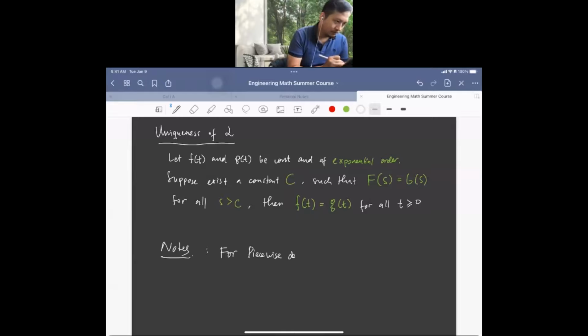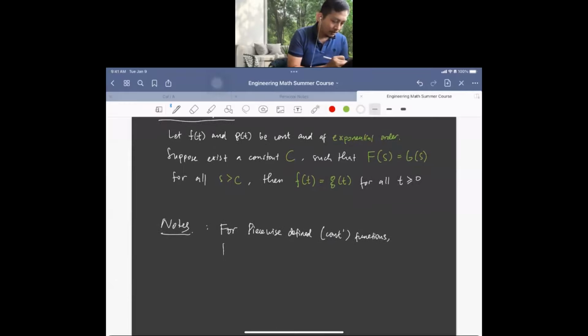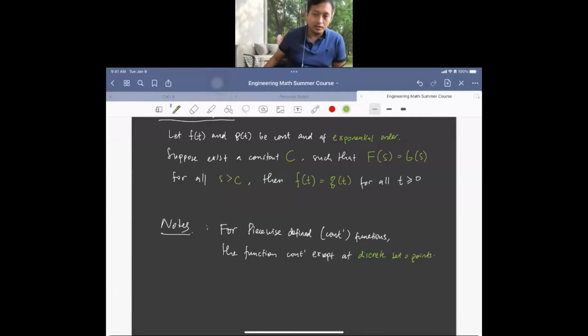For a piecewise defined function, the function is continuous except at its discrete set of points. But we still can consider using this existence and uniqueness. So if you have a piecewise function, you can also check the existence and the uniqueness of the Laplace.